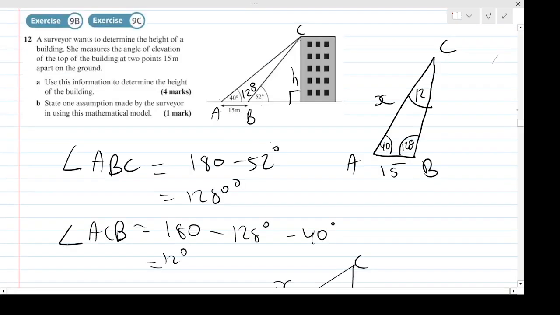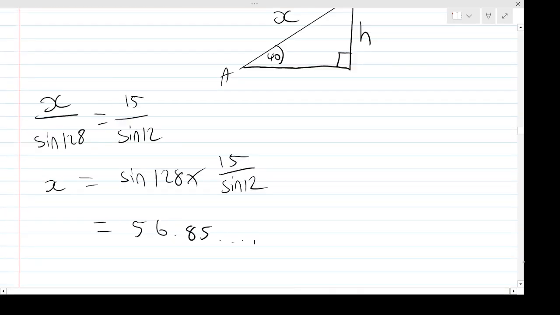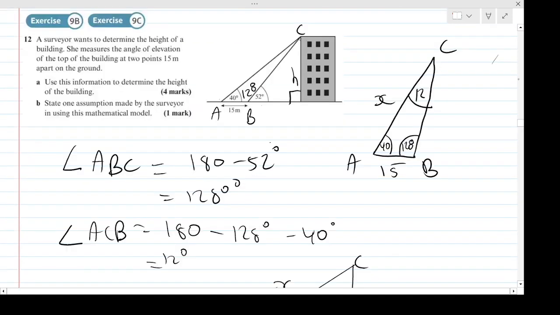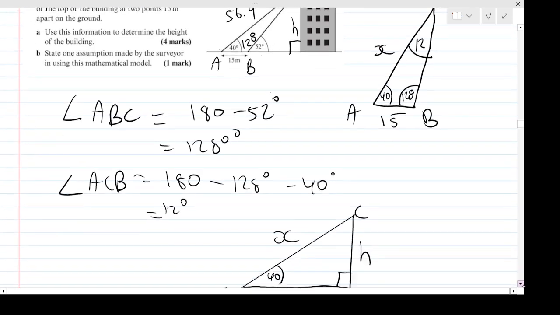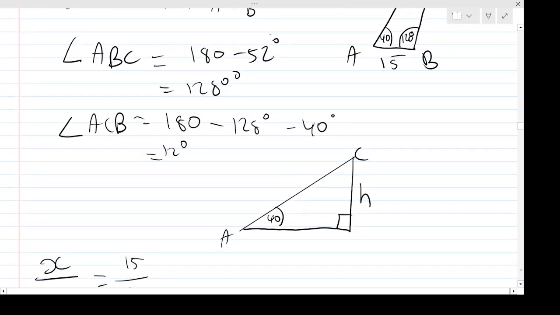Is it given a unit? Meters. Okay. I'm not going to round it because that's not my final answer. So now I know this set length is 56.9. So now I know x is 56.9. I can fill that in.